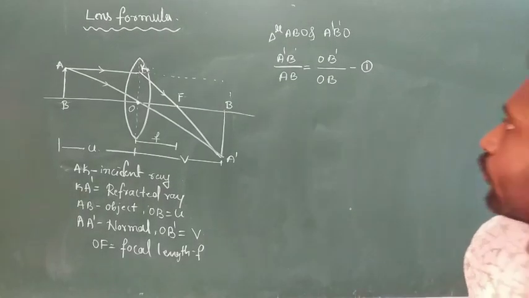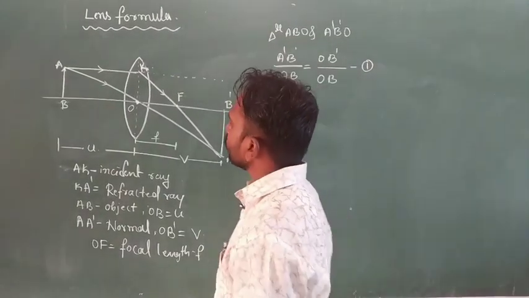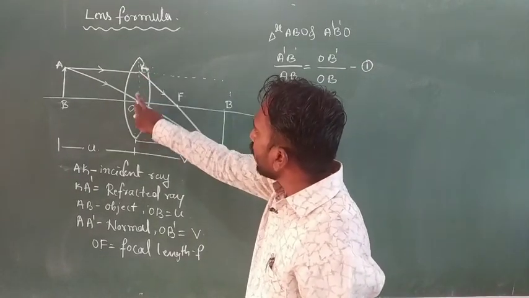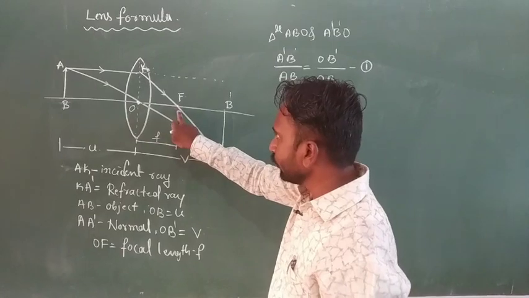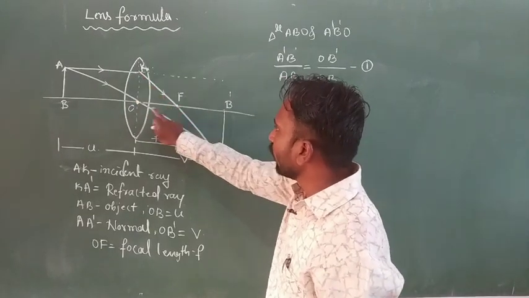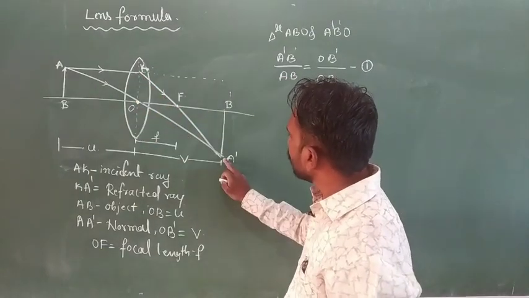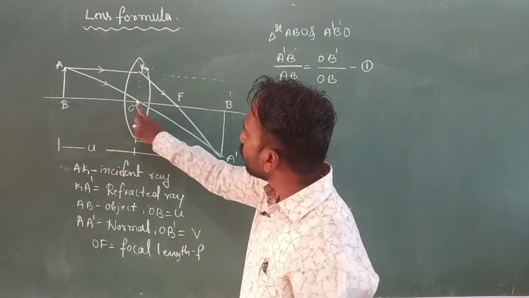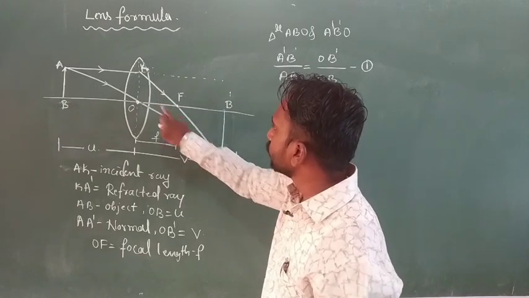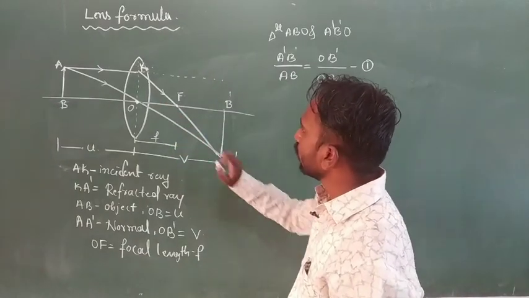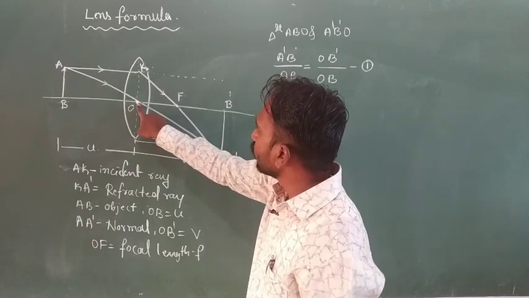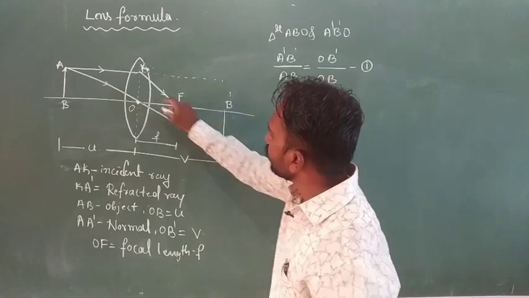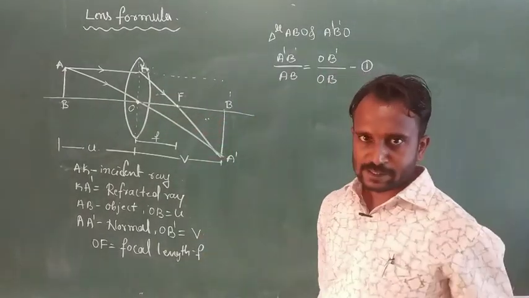Next, another two similar triangles: K O F and A dash B dash F. These two are similar triangles.